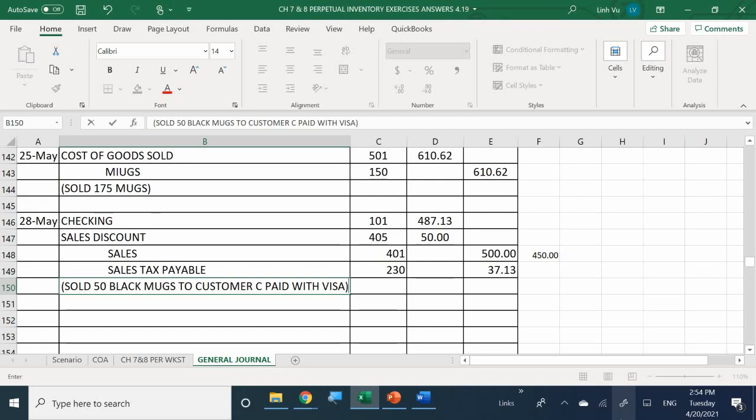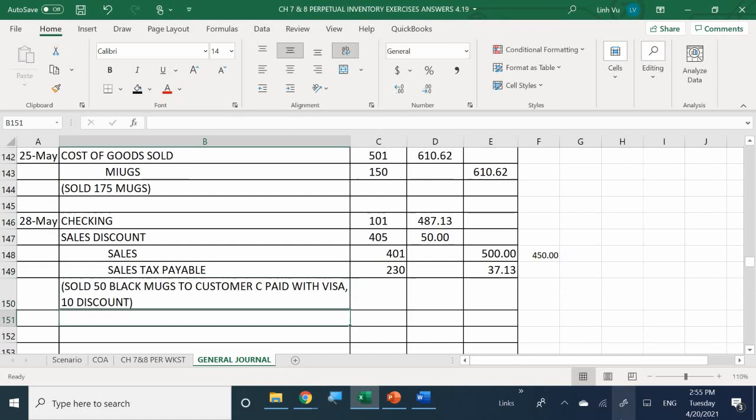You can also write 10% discount, since you need to recognize the discount as well. Sold 50 black mugs to customer C, paid with Visa, 10% discount. So that's just recognizing this sale right here. We sold the 50 mugs at a discounted price, and he paid us using a credit card to go straight to our checking account.